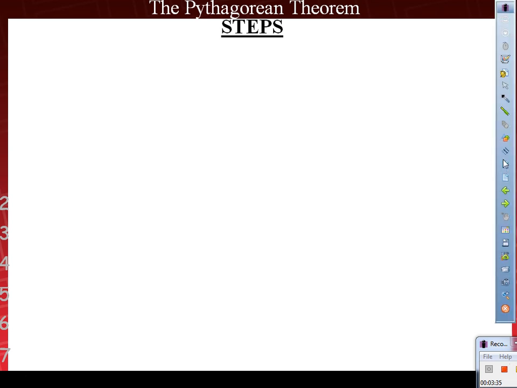Okay. So I heard a squared plus b squared equals c squared, so you write it, substitute, simplify, and solve, yes?